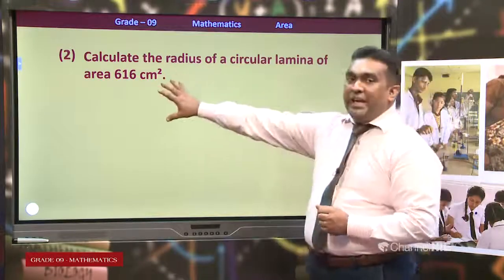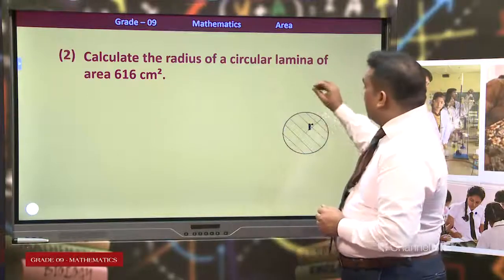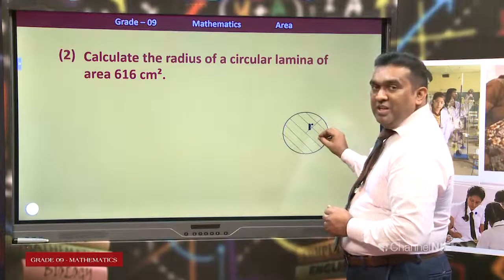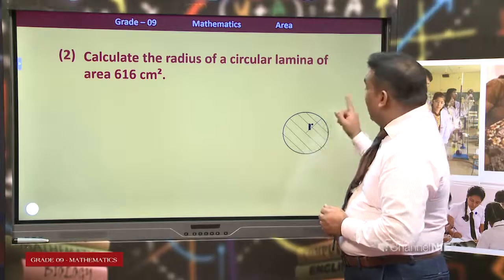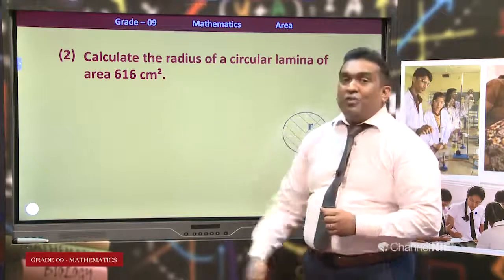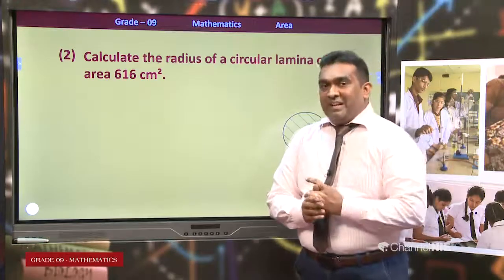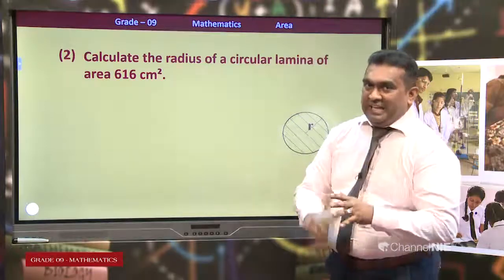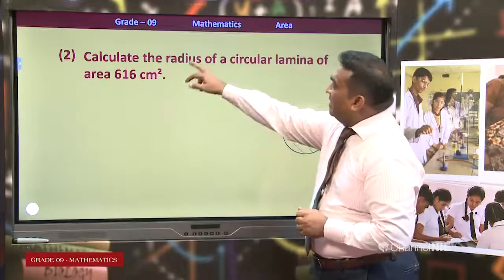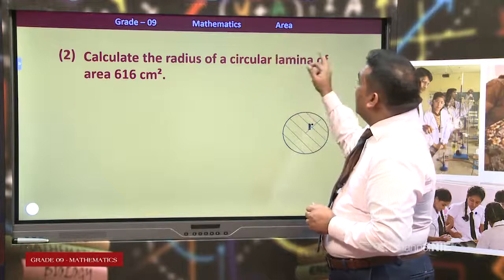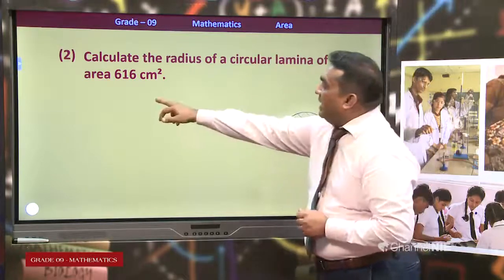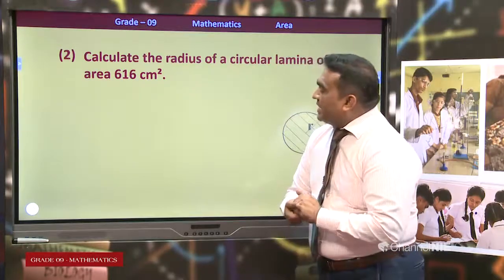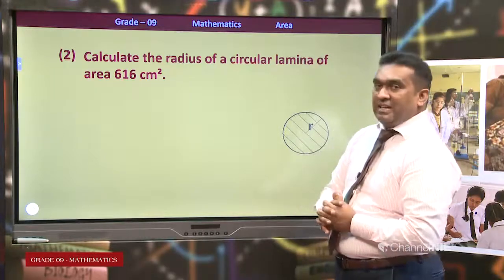We'll consider a different question. Here you have the area and we want to find the radius. In the last question, you had the radius and wanted to find the area. Here is the converse case. Calculate the radius of a circular lamina of area 616 square centimeters.